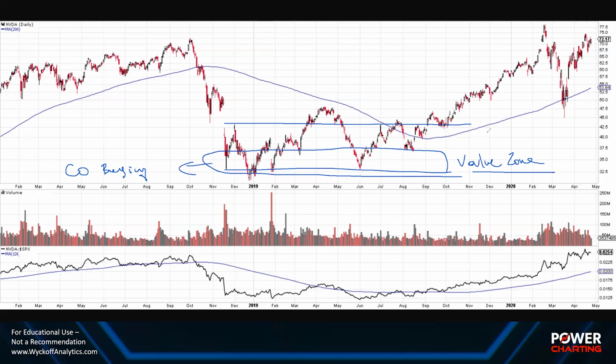That is their ultimate goal. Now, you can see that this is very, very hard for them to do because Nvidia does not spend much time in the bottom half of this trading range, which is a very bullish signal for this stock.